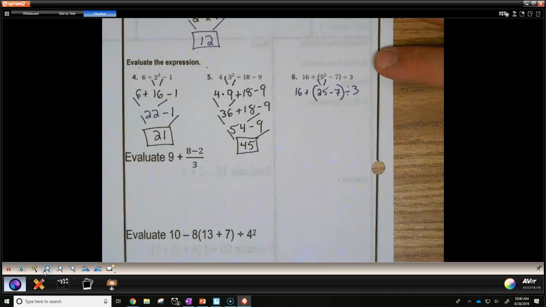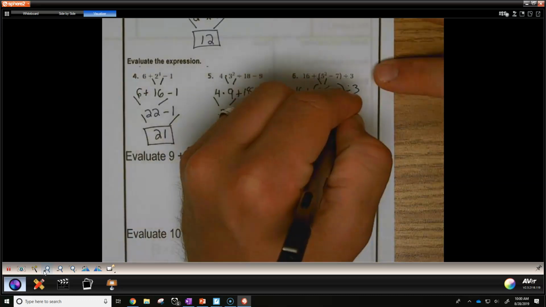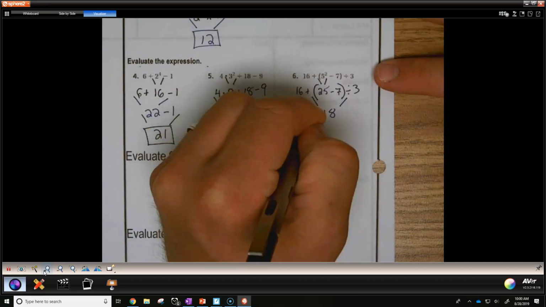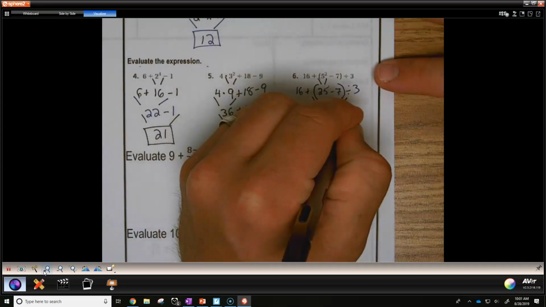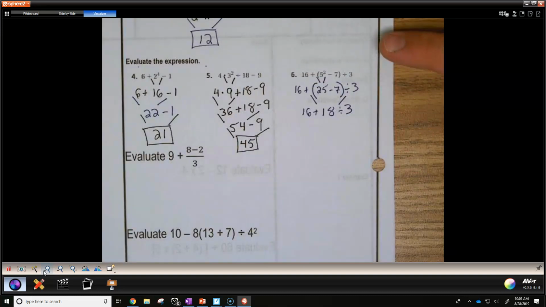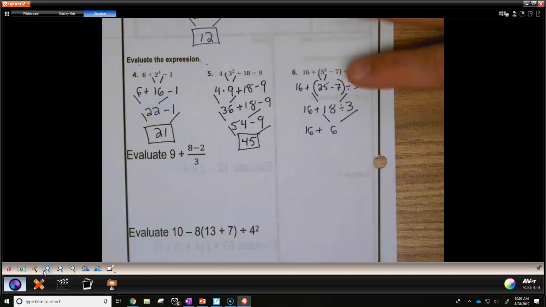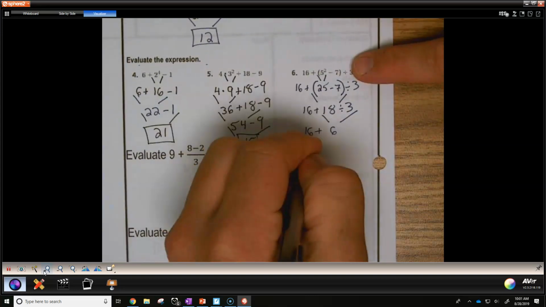Then you do 25 minus 7, which is 18. Good. My parentheses now go away because I've simplified it down to one number. Then 18 divided by 3 is 6. And 16 plus 6 is 22.